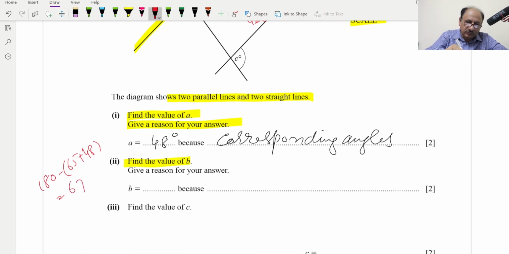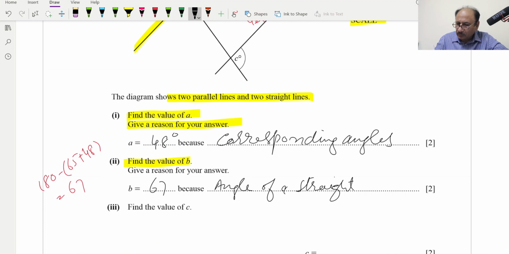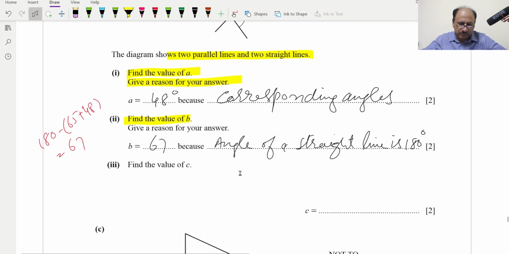So this will be 67, and the reason is angles on a straight line add up to 180 degrees. So this is a 2 mark question which we have done. 1 mark is for the reason and 1 mark is for the accurate value.